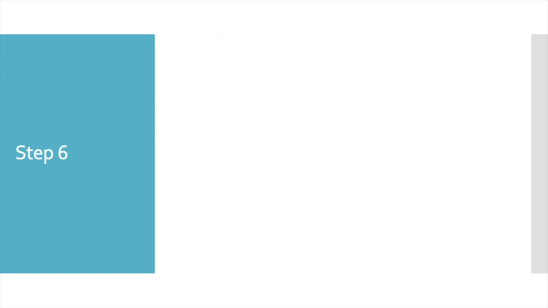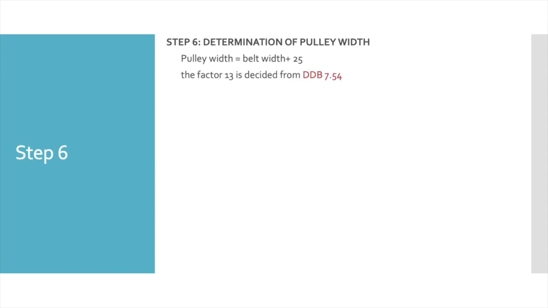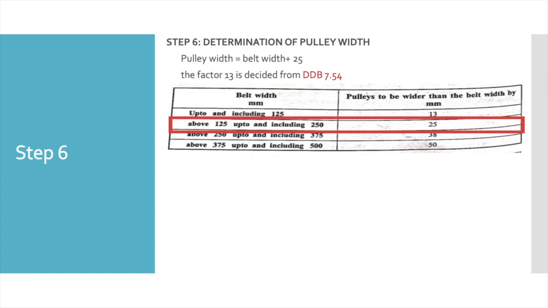So step 6, the last step of our design procedure before the belt length, is the determination of pulley width. The pulley width is calculated by adding 25 to the belt width. This factor 25 is decided by design data book page number 7.54.